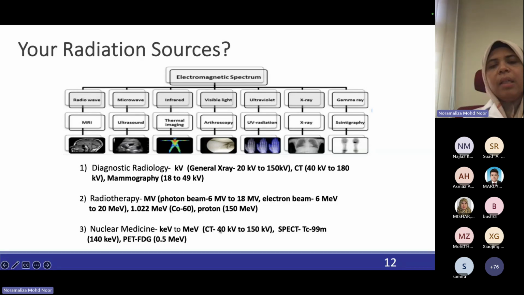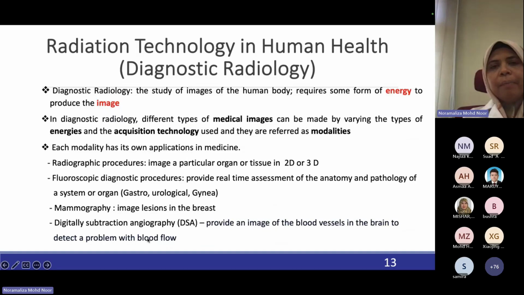Like CT used in nuclear medicine, usually 40 keV to 150 keV, whereas for SPECT/CT, because it utilizes technetium-99m, the energy is about 140 keV. And then for PET, positron emission tomography, usually we use fluorine-18 FDG, where the energy is about 0.5 MeV.